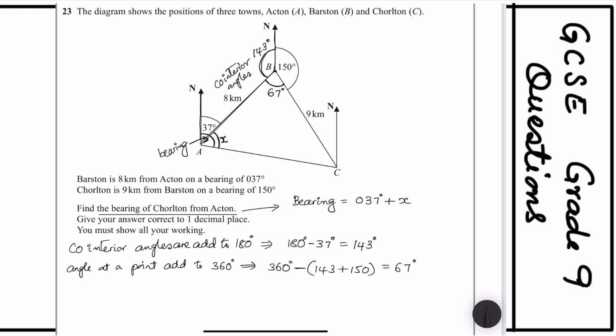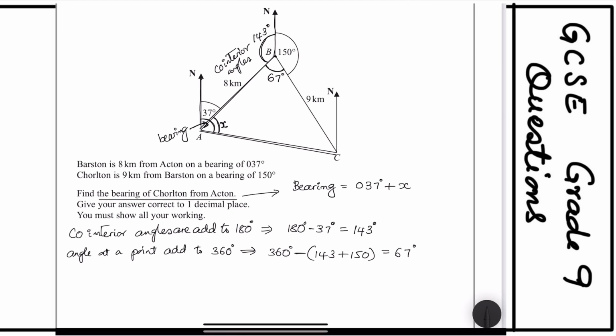Now to find the value of x inside the triangle, we need to work out the length AC. So draw the triangle ABC now, and label the available lengths and angles here.